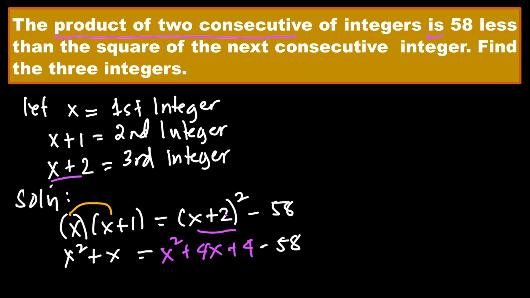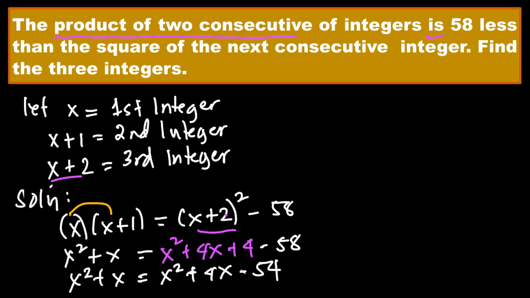Simplifying further, x squared plus x equals x squared plus 4x, and 4 minus 58 is negative 54.